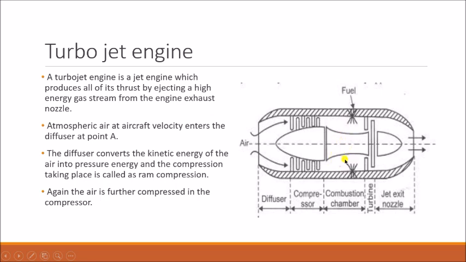During this process, the temperature of the gases increases. The product of that combustion is expanded over the turbine, such that the turbine develops power which is capable of driving the compressor and the rest of the auxiliaries. The rotation given to the compressor comes from this turbine.